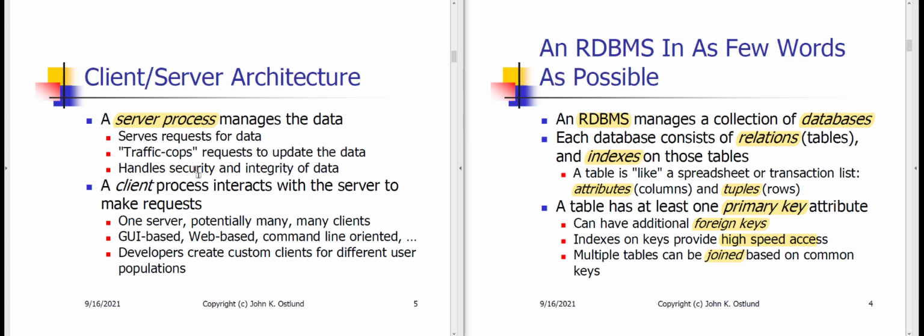And the server processes basically act like traffic cops to prevent different requests from stepping on each other and to organize the requests into a sequential order. It also handles security and backup systems, etc.